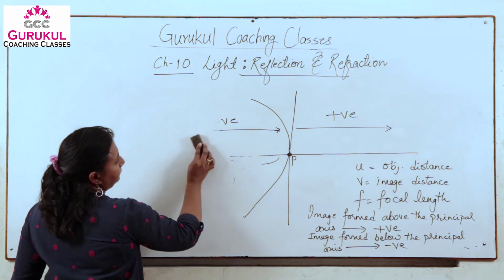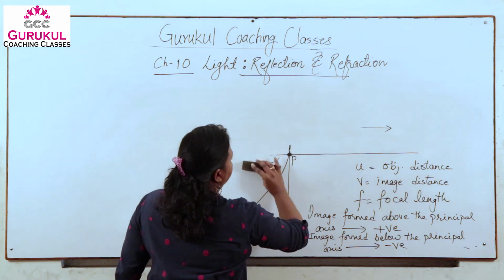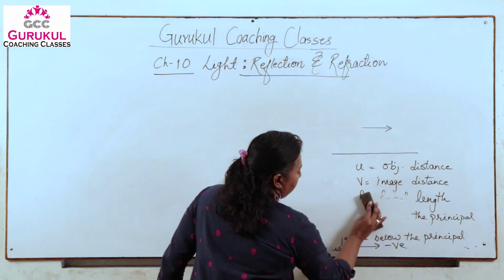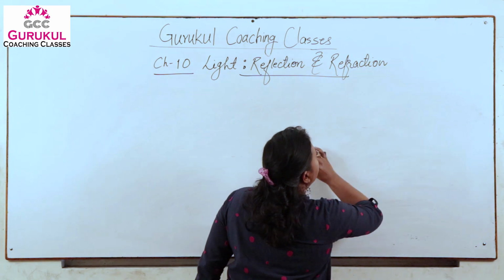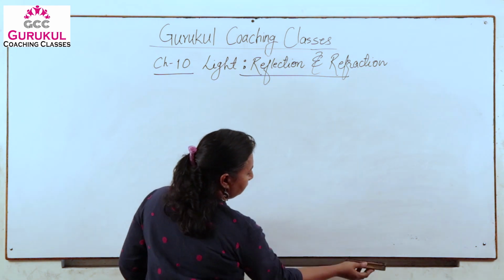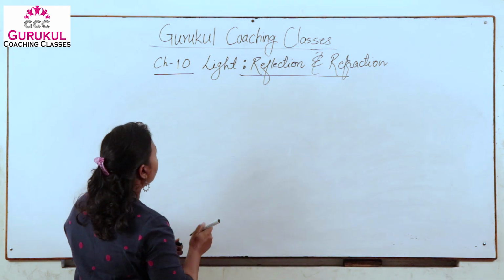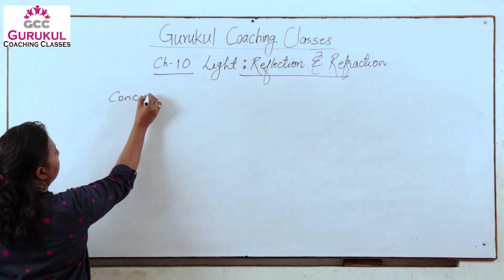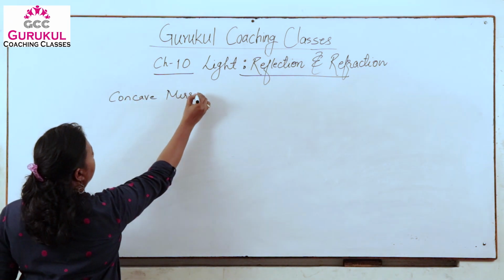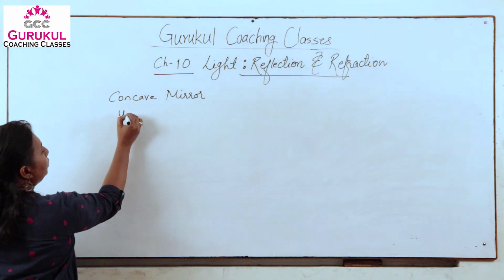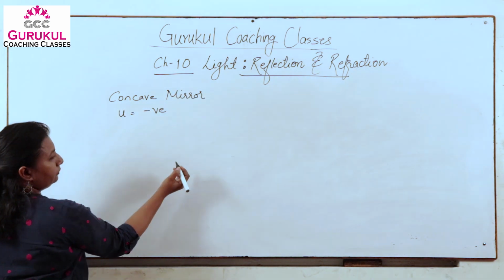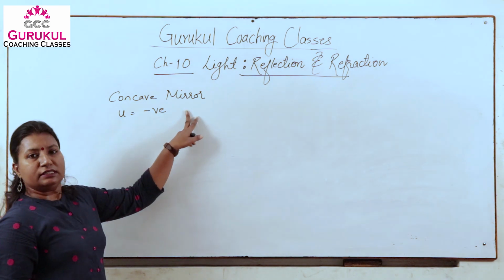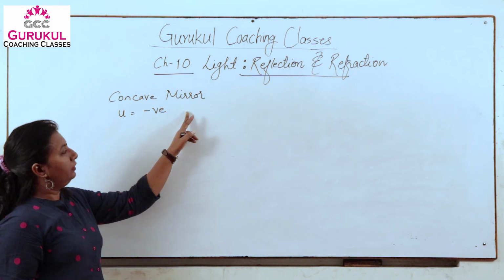So let's see. In case of a concave mirror, U is always negative. A concave mirror gives us a real and inverted image, right?